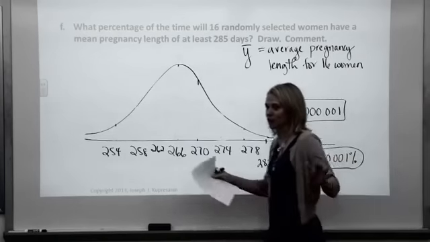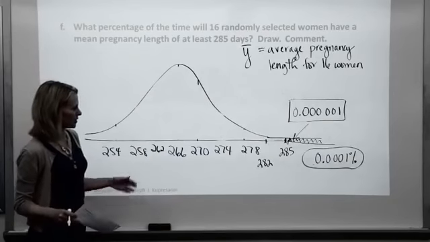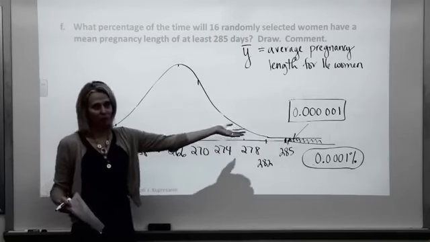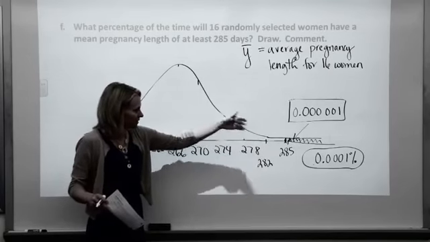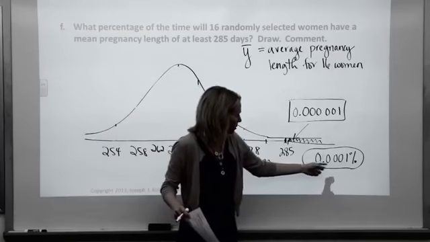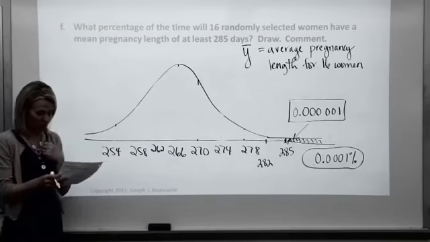So, how likely are you to get a group of 16 women, look at their average length of pregnancy and have it be 285 days or longer? You're almost likely to never have that happen here. The likelihood of that happening is 0.0001%, extremely small.